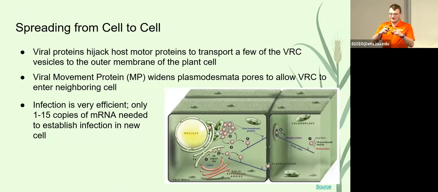Now, the problem there is plasmodesmata are too small for my viral replication complex to fit through. That's a problem. So the viruses actually produce a protein called a viral movement protein that goes out and physically makes the plasmodesmata bigger. All of them. It's very efficient.